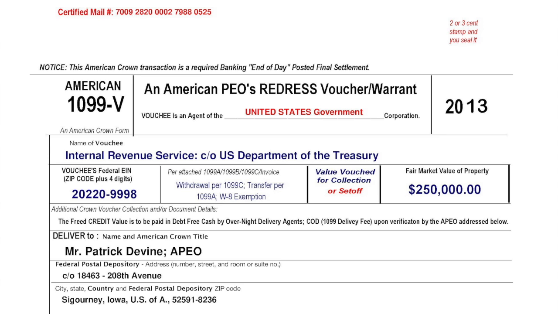Or you go to the federal court system and you have them process it. You would come in as the plaintiff, the American citizen, and they would be the defendant in the case.